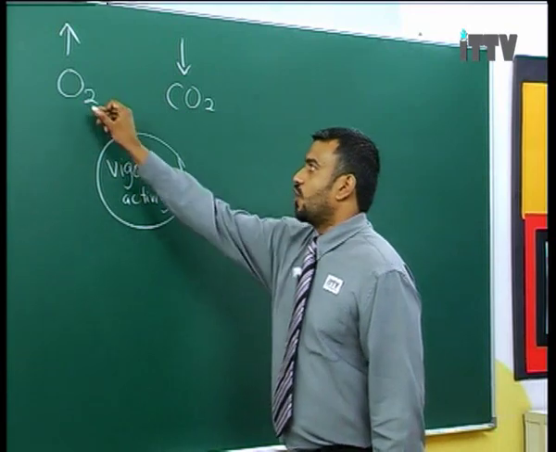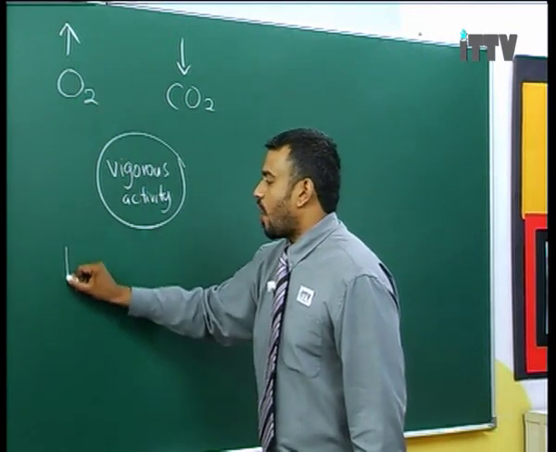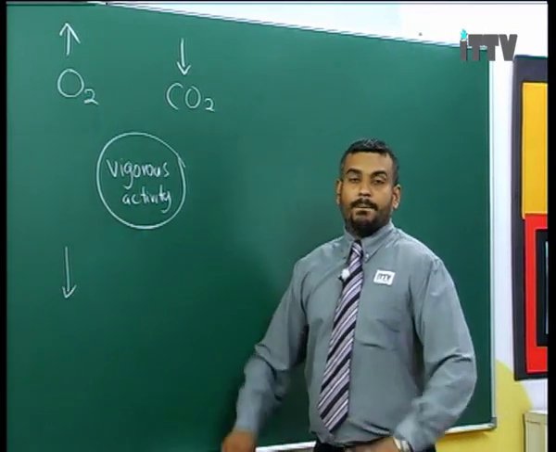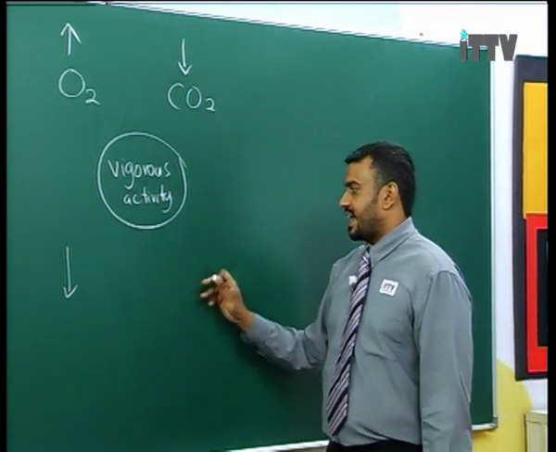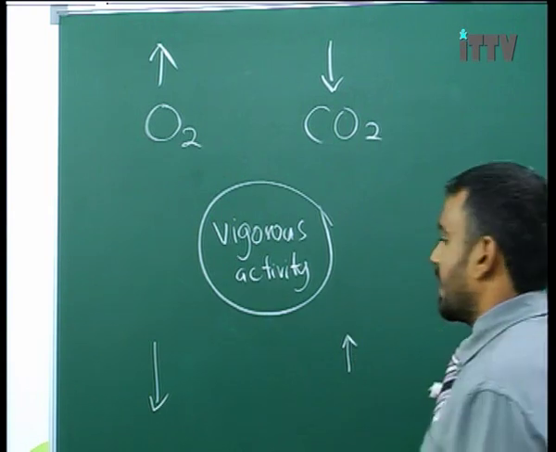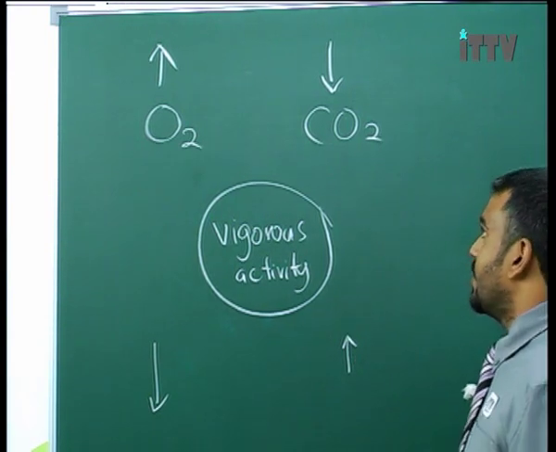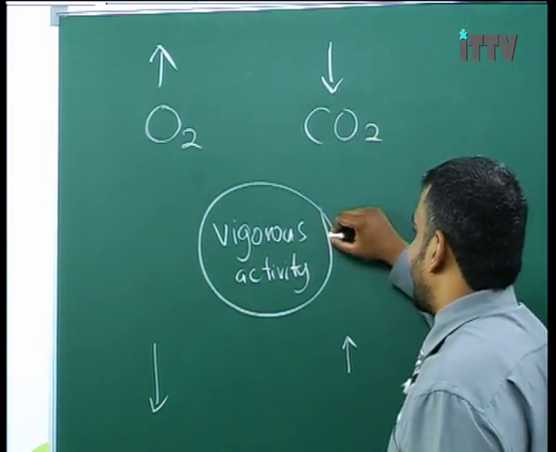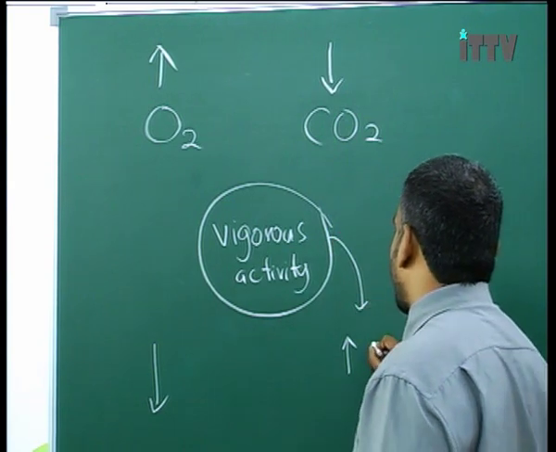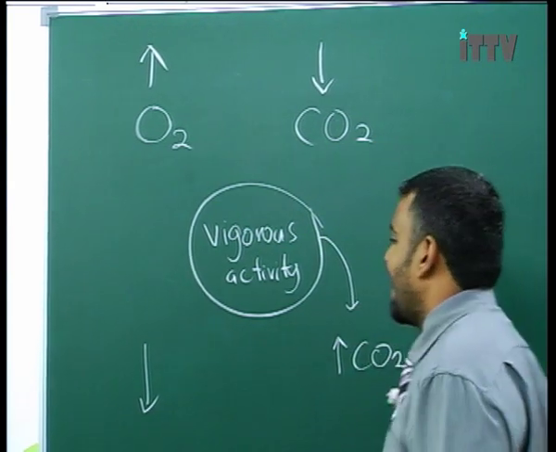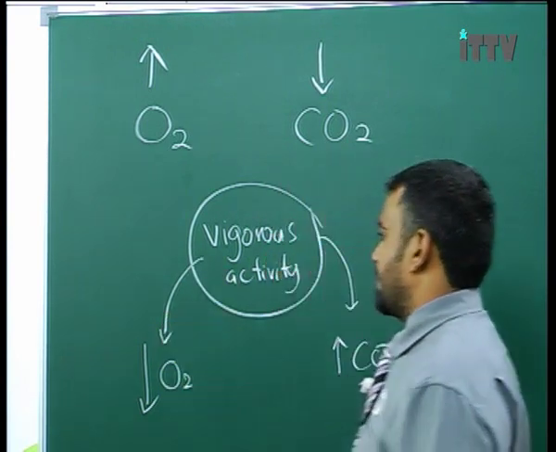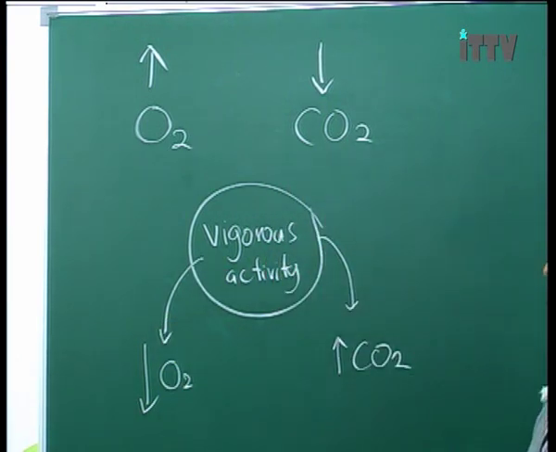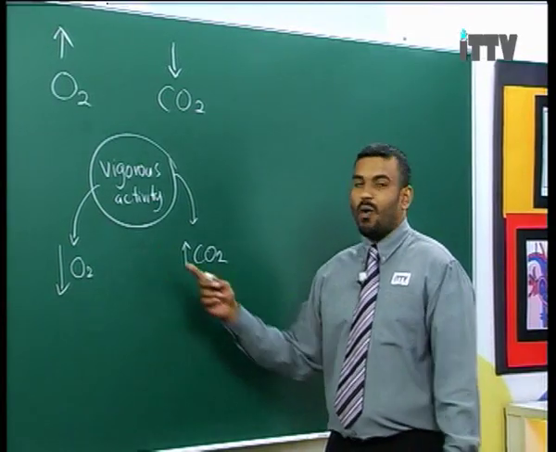This causes the oxygen level to drop. But then, as a result of cell respiration, the carbon dioxide level will increase. Correct or not? So, thanks to vigorous activity, the level of carbon dioxide increases and the level of oxygen in the blood decreases.